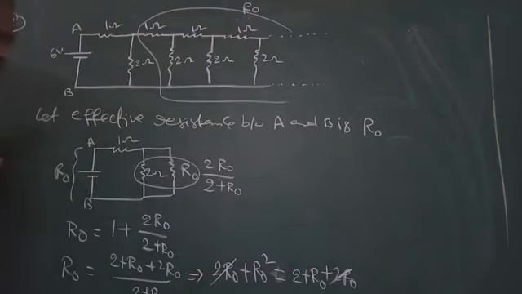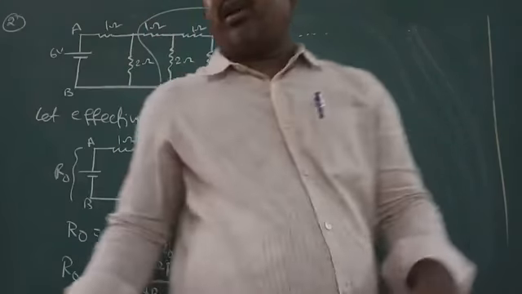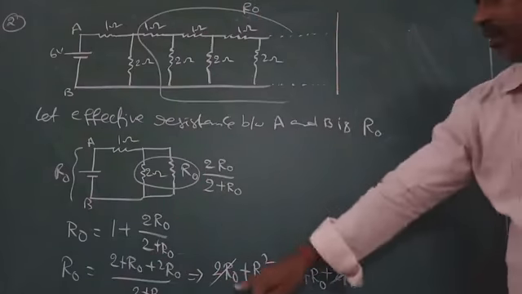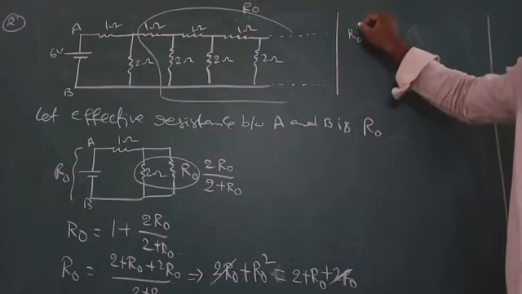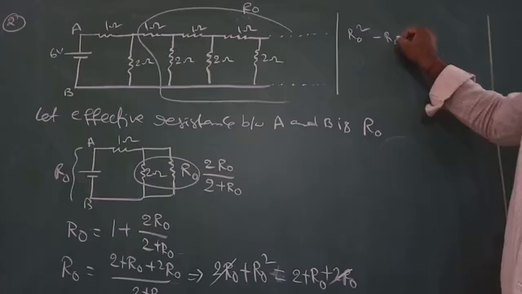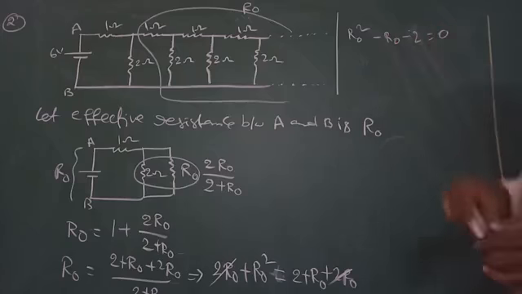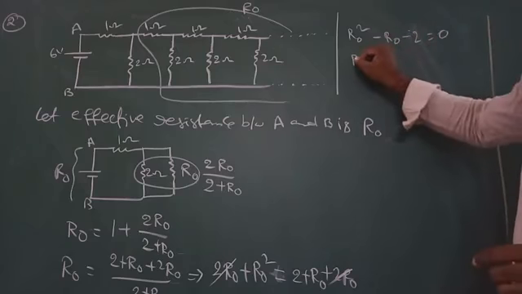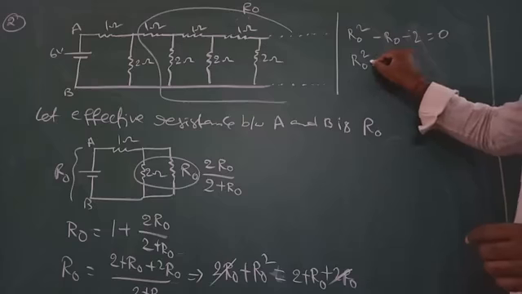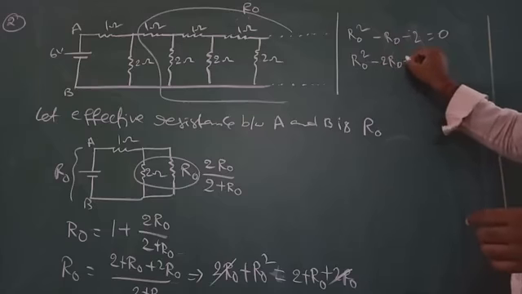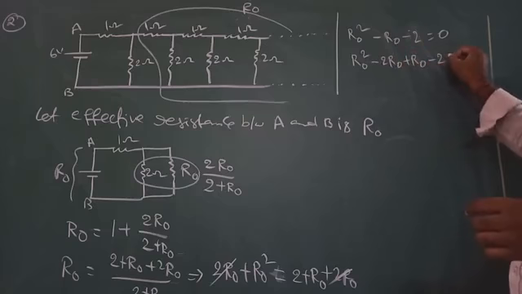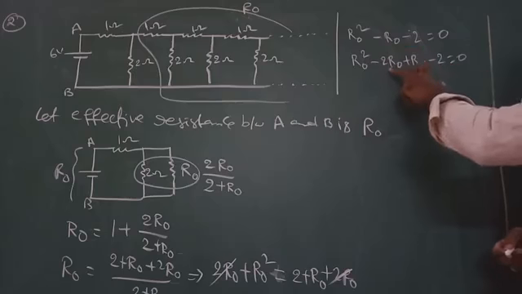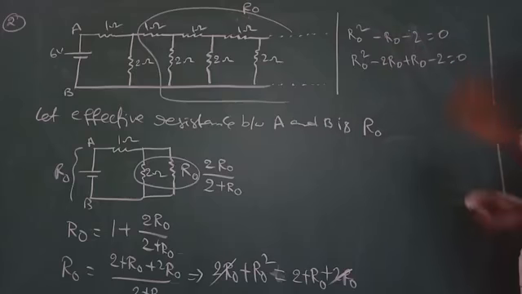2R0 gets cancelled on both sides. Then we can write R0 squared minus R0 minus 2 equals 0. This is a quadratic equation. We can simplify it as R0 squared minus 2R0 plus R0 minus 2 equals 0, with no change from the previous equation, since minus 2R0 plus R0 is minus R0.